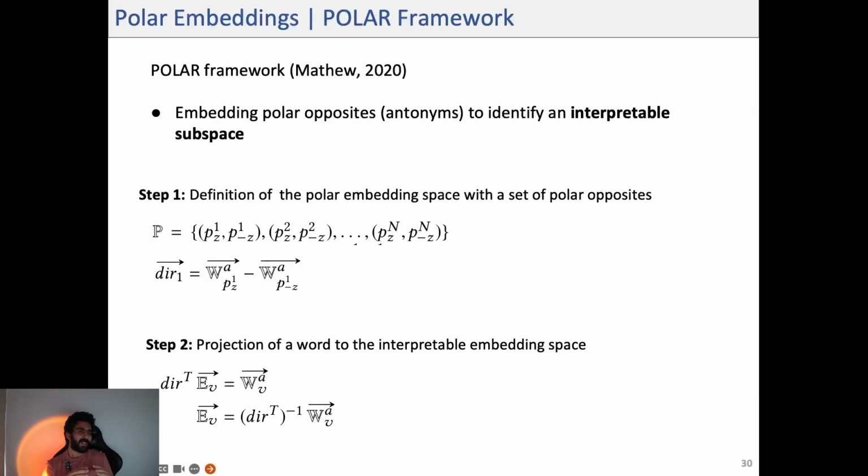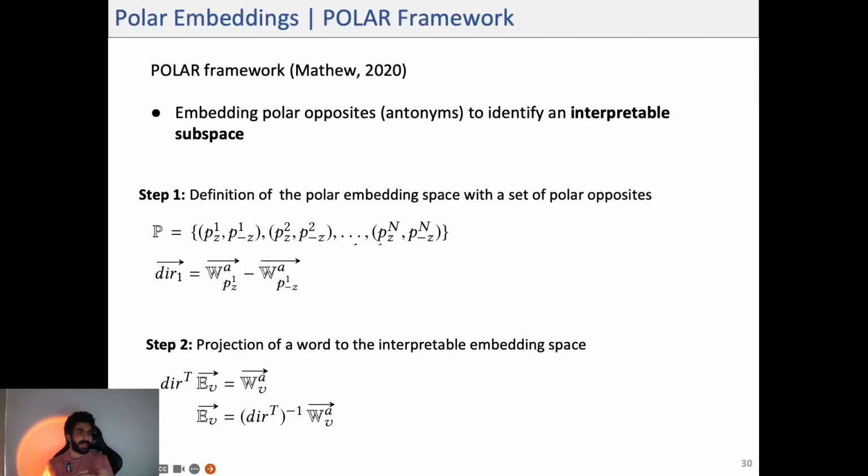Now let's move from the inspiration to an actual implementation. The polar framework introduced by Mathew et al. in 2020. The idea is also simple but powerful. Use polar opposites like strong-weak, honest-corrupt to define an interpretable subspace within the high-dimensional word embedding space. So step 1, define the polar subspace.